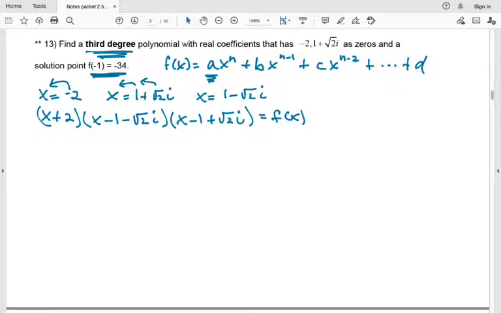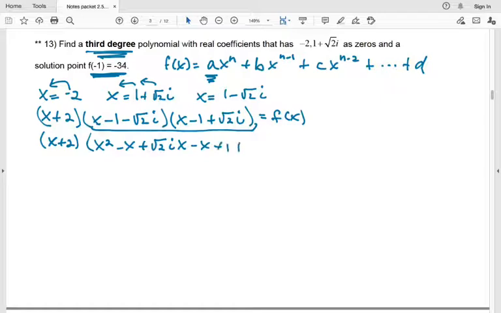Okay, so multiply this out. I'm going to show my work. I'm going to multiply these together first. So x times x is x squared. x times a -1 is a -x. Plus the square root of 2i x. And then I'll do the -1 times everything. So -x plus 1. Oops, sorry about that.